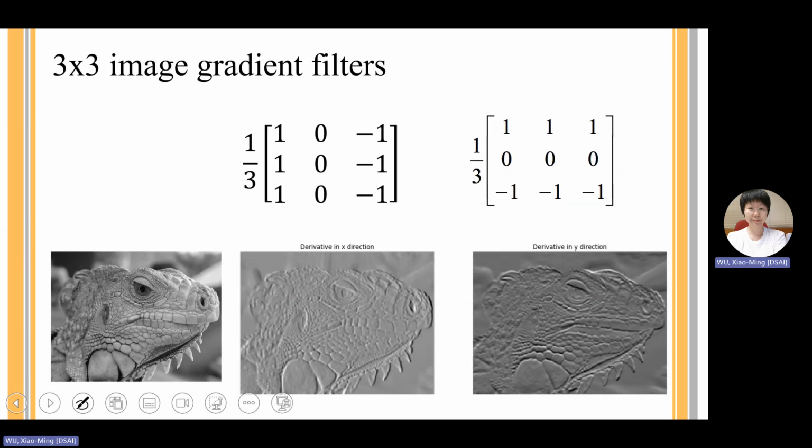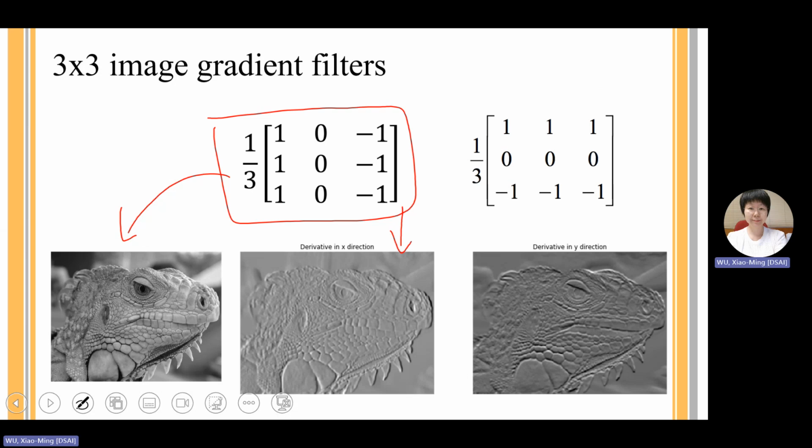And if we apply the X derivative filter to this input image, we get the filtered results. This is the filtered image.